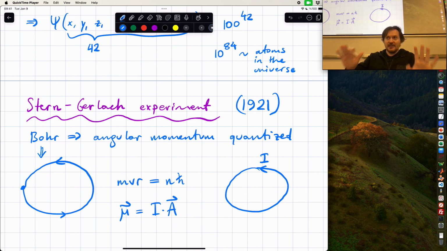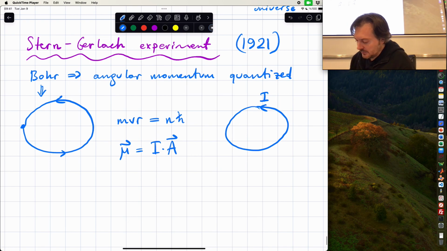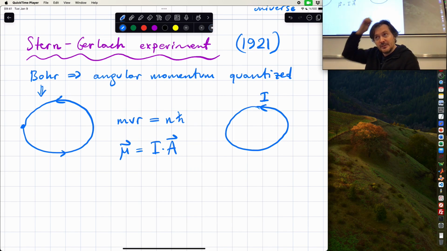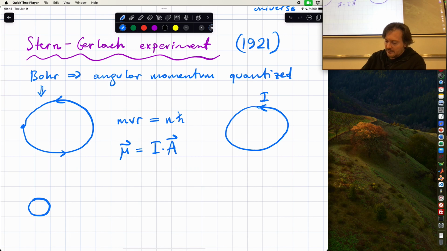But Bohr at the same time is telling us that it should be quantized, right? So these people, instead of the electron, I guess the electron is hard to work with because of its charge. So they take silver atoms. Can you check? I think it has 47 electrons.